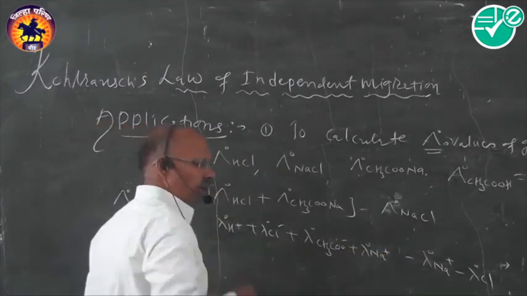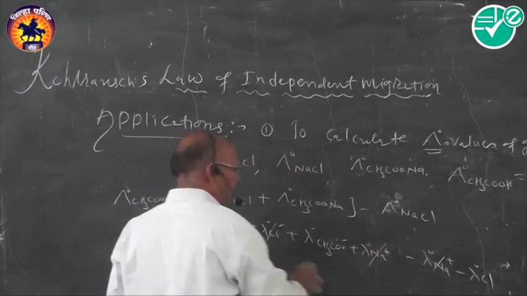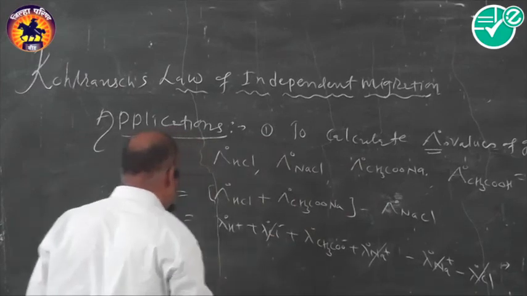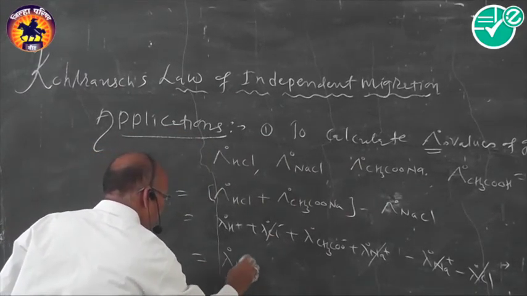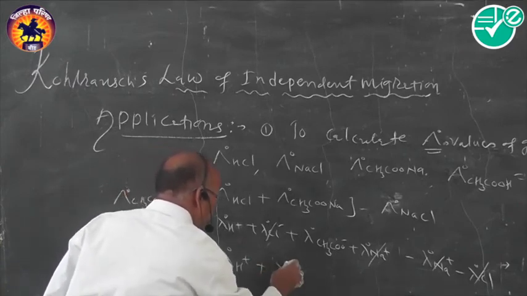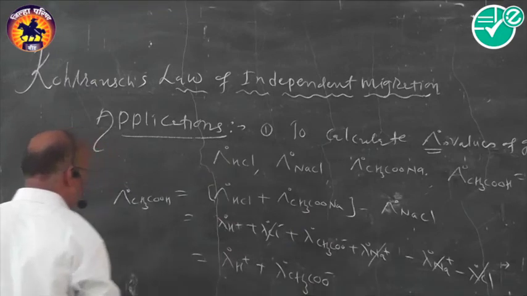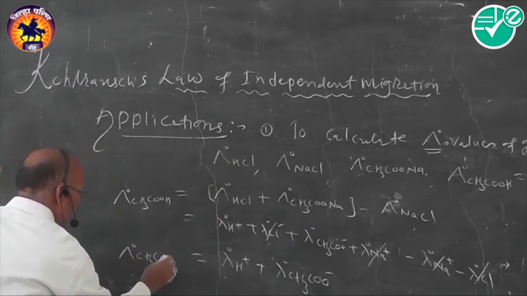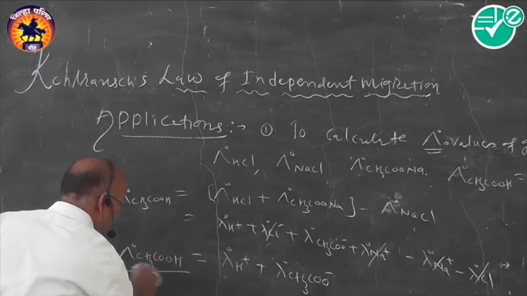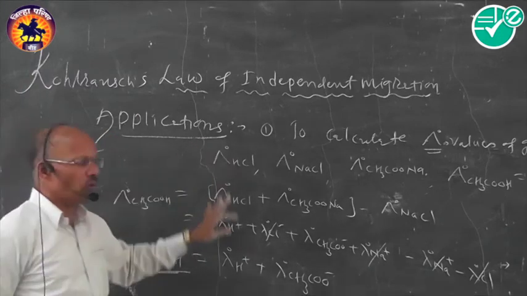If we simplify, this cancels with this, and this cancels with this. The resulting equation is lambda 0 of the H plus ion plus lambda 0 of the acetate ion. If we take the addition of their molar conductivities, we get the molar conductivity of the given electrolyte, acetic acid. It is the first application of Kohlrausch's law.